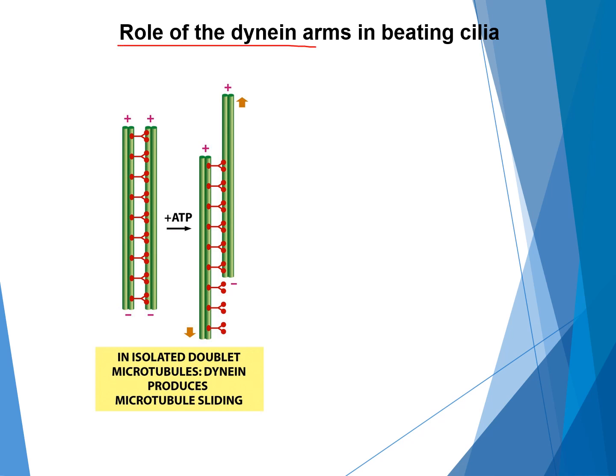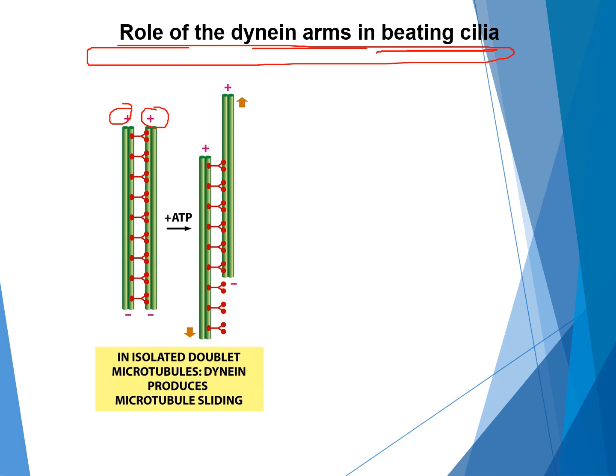Here is the role of the dynein arms in beating cilia. Okay, how this dynein arm actually causes the movement, okay, the beating cilia movement on the protozoa. Okay, they do have this positive end and this is the negative end of that microtubule.